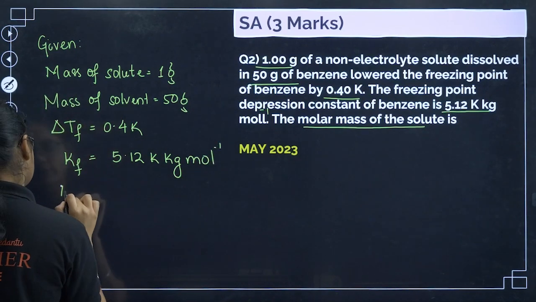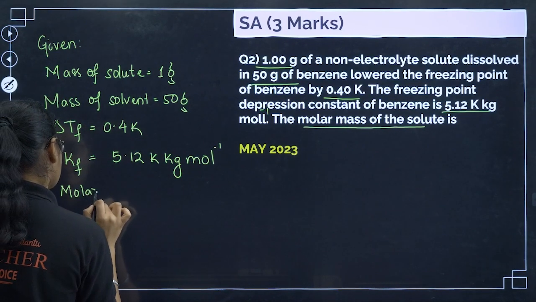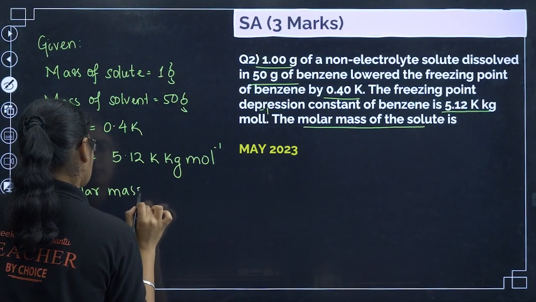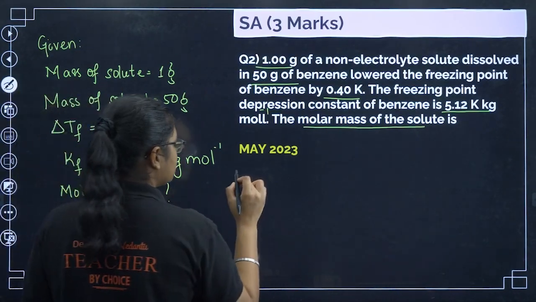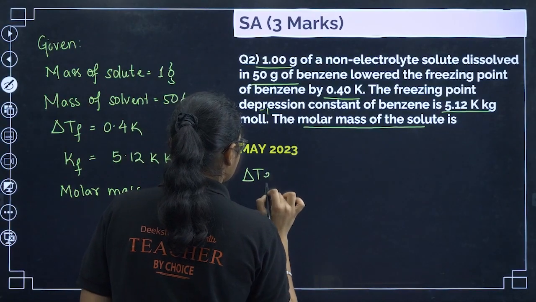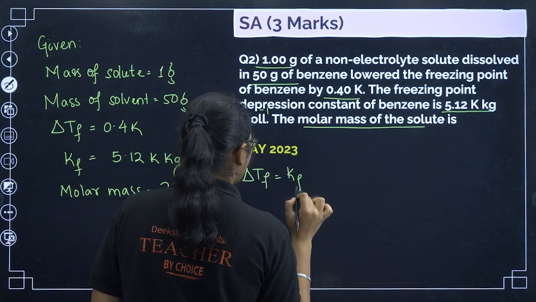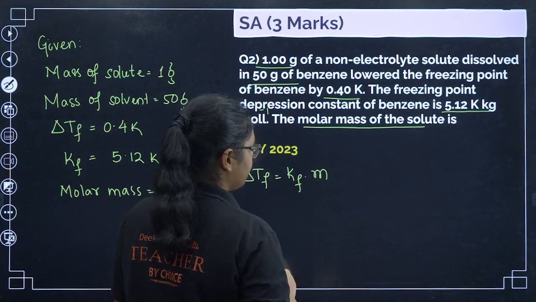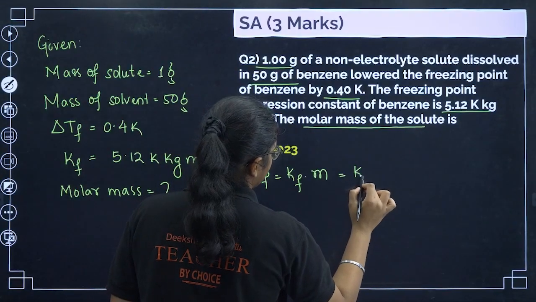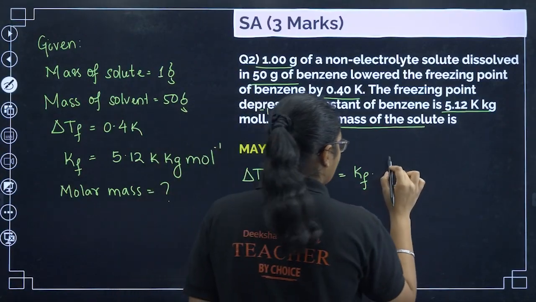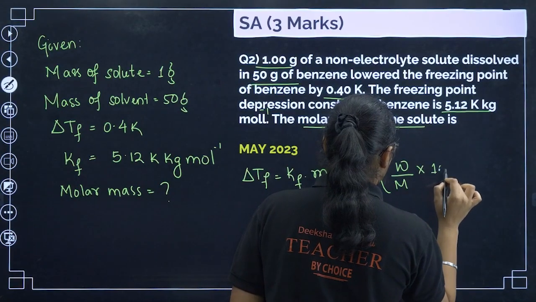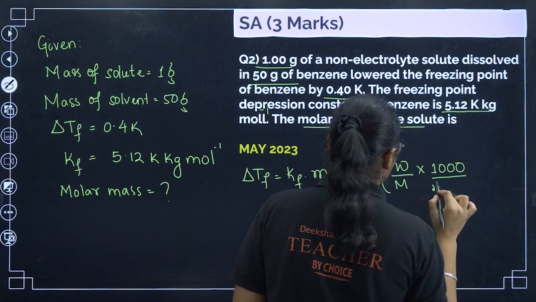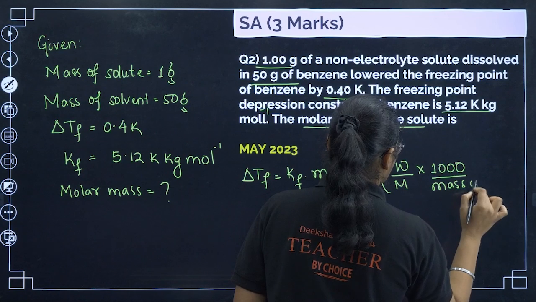Molar mass of the solute is how much? Okay, now let's solve this. Delta TF is equal to Kf into m. Okay, or can be written as Kf into given mass by molar mass into 1000 by mass of the solvent.